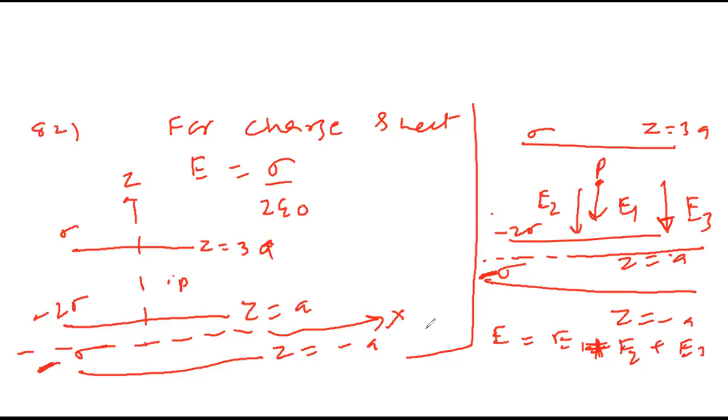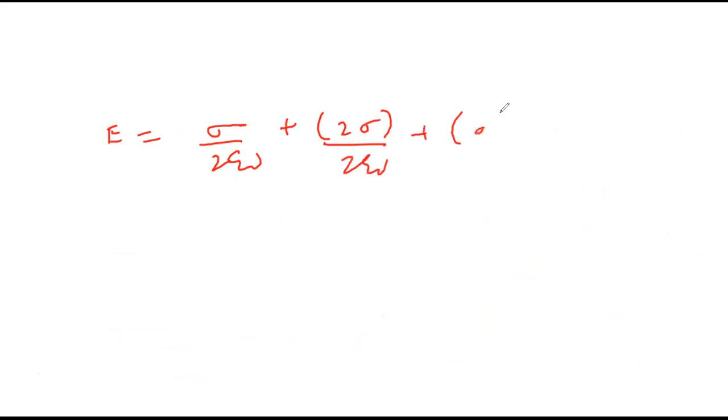Done, sir. So the resultant intensity E is sigma upon 2 epsilon naught plus 2 sigma upon 2 epsilon naught plus sigma upon 2 epsilon naught.